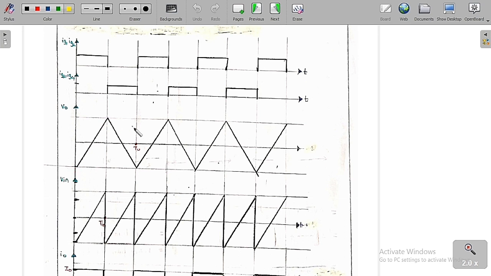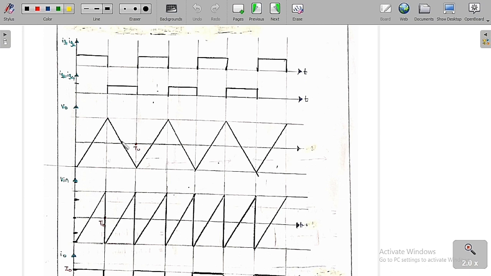In this region only T3 and T4 conduct, but not T1 and T2. Whenever T3 and T4 conduct, then by the circuit V0 is equal to minus Vin, which means the reverse of this one, the negative of the input voltage.